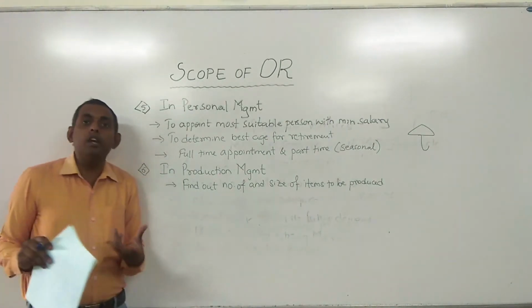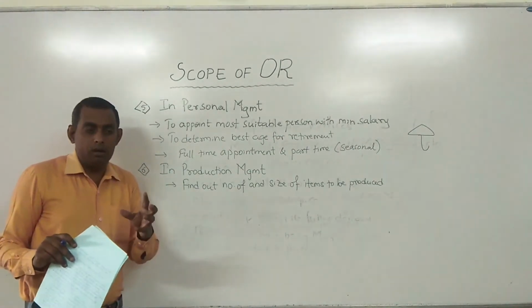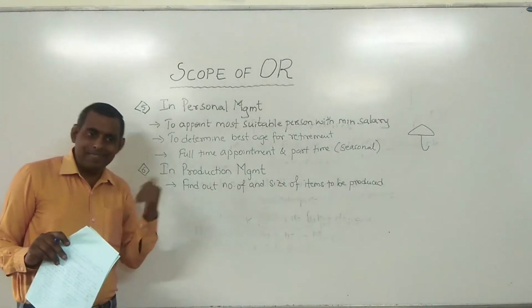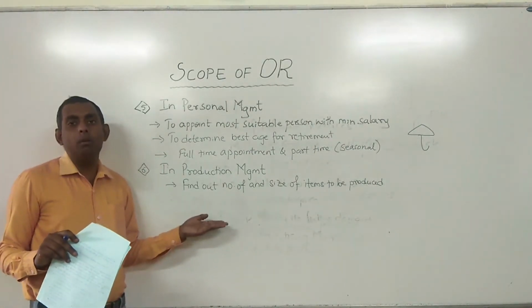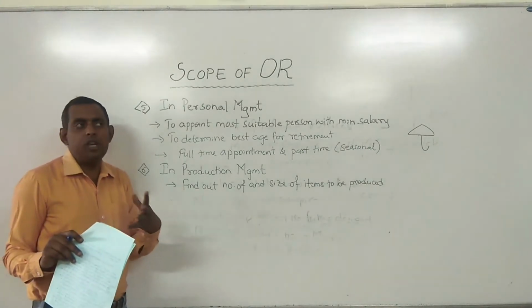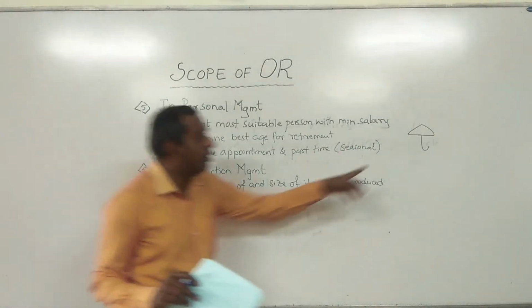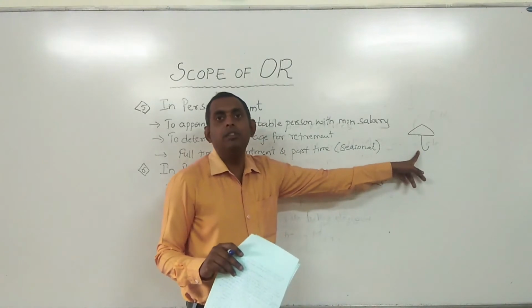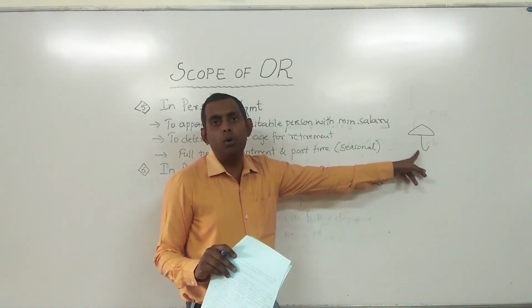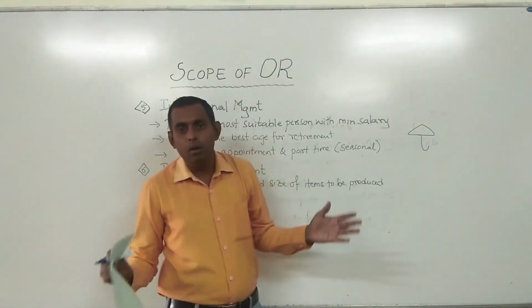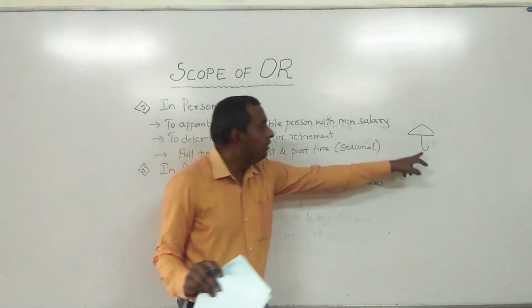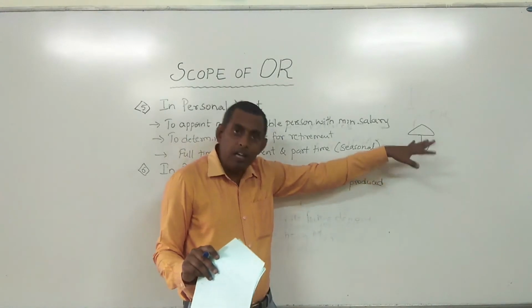Well, looking into the demand or the previous seasonal sales, we increase or decrease our production. What happened last year? We have not sold this type of umbrella. This type has sold only 10% of the total production. So this year we are not going to produce this type, because we already have it in stock.